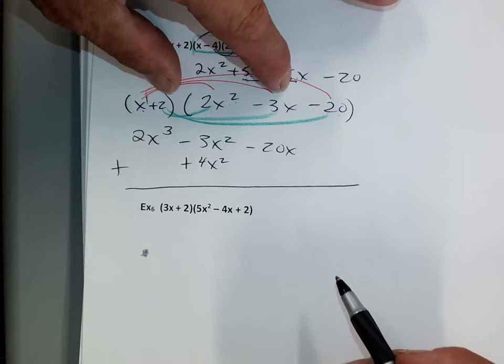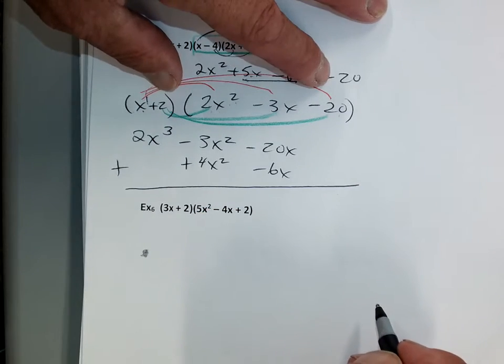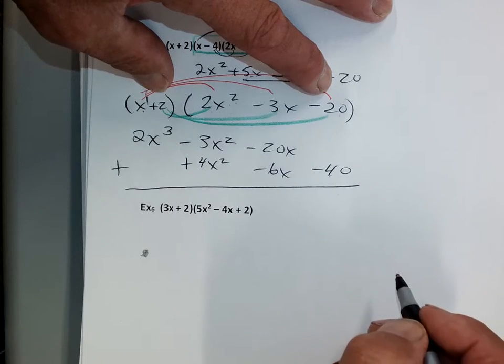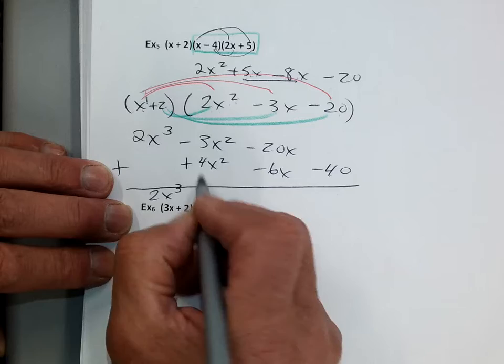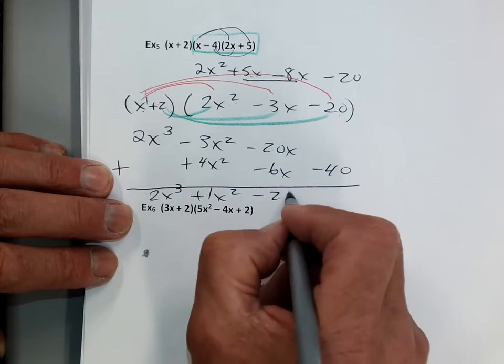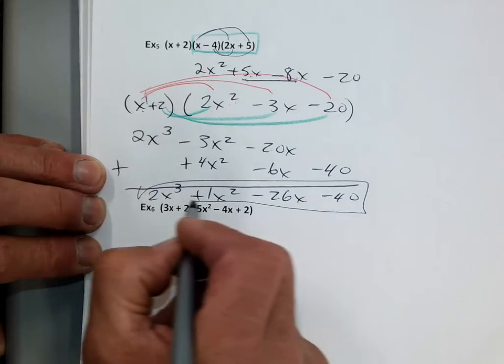I'll also multiply 2 times 3x, which gives me a negative 6x, and I'll multiply 2 times negative 20, which is a negative 40. So then, combine terms. 2x cubed plus 1x squared minus 26x minus 40. And that is my answer.